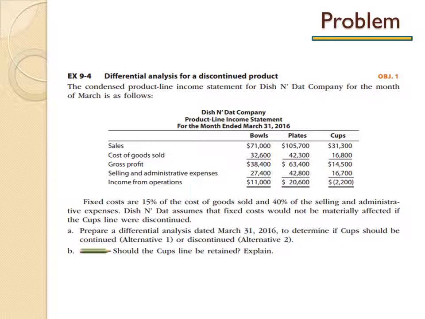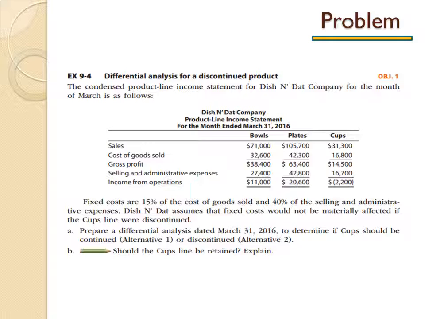So the next problem is EX9-4, which is a differential analysis for a discontinued product. The condensed product line income statement for Dish and Dat Company for the month of March is as follows. So as you can see, this is the product line income statement. For the Bowls product line, we have an income from operations of $11,000.